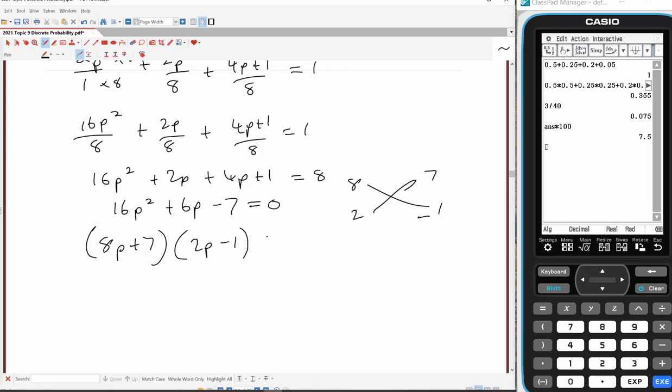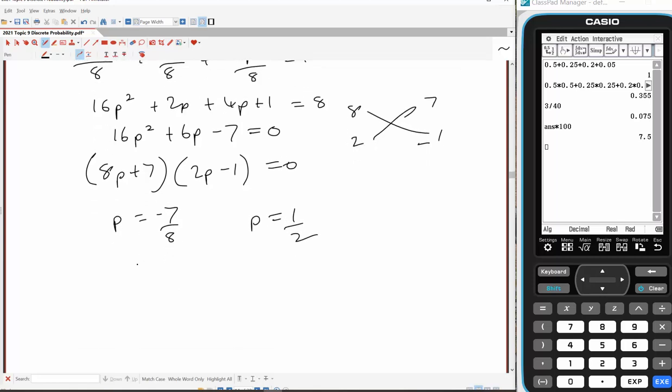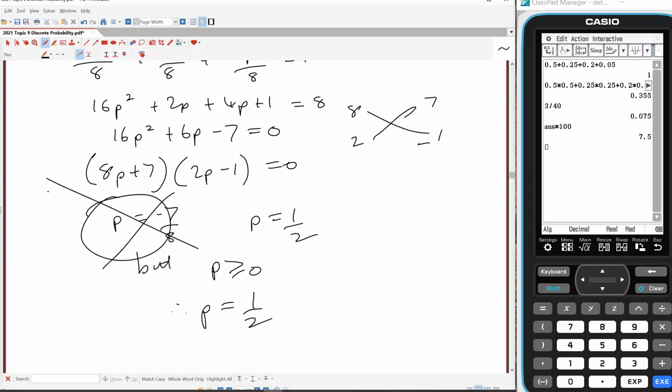2p take 1 equals 0. p equals negative 7 on 8, and p equals a half. But p is greater than or equal to 0, therefore p is equal to a half. So we're going to reject that one there.